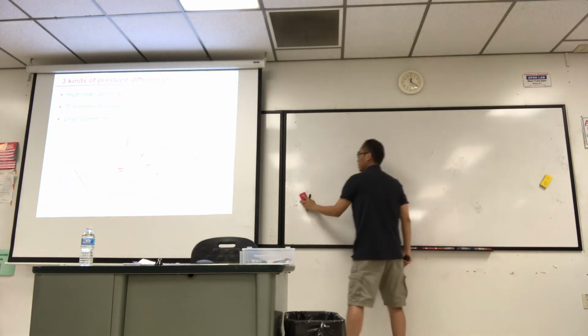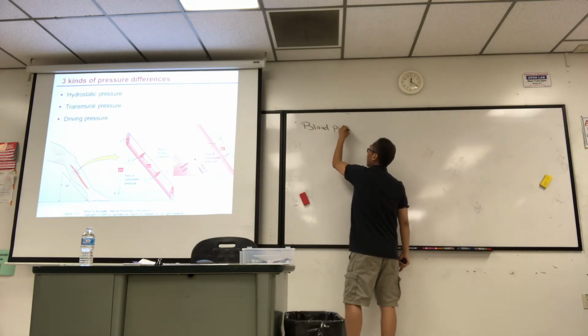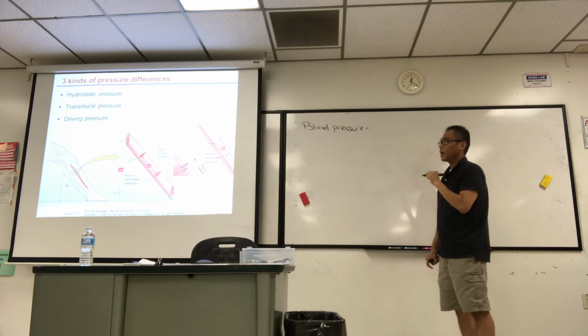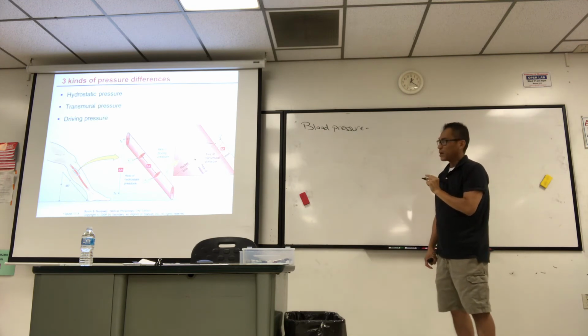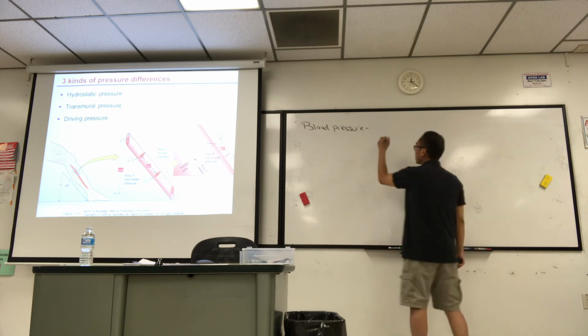So let's define different kinds of blood pressure. When you talk about blood pressure, you always talk about a pressure gradient, because you're talking about a system where blood flows. Blood goes round and round. It keeps flowing in a circuit. So it's always a pressure gradient.